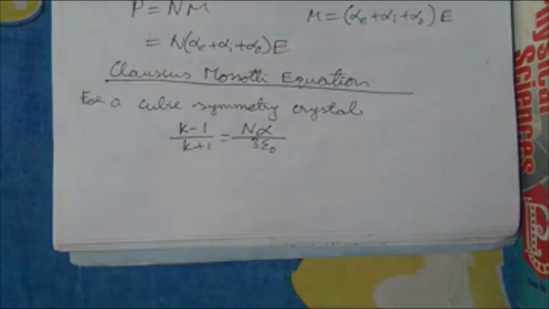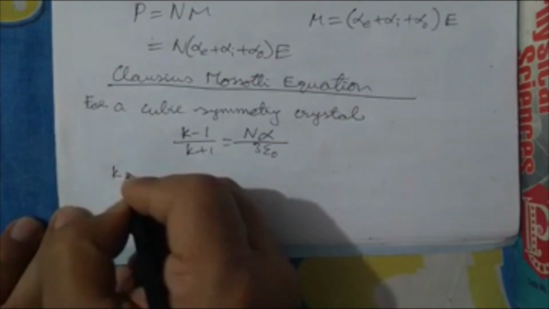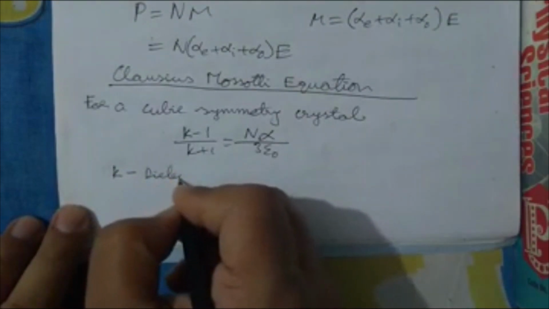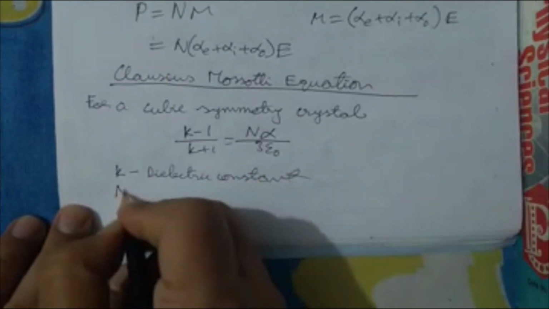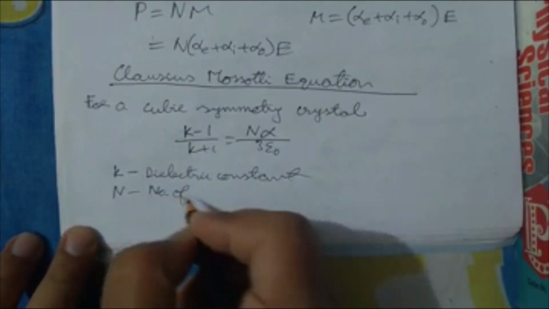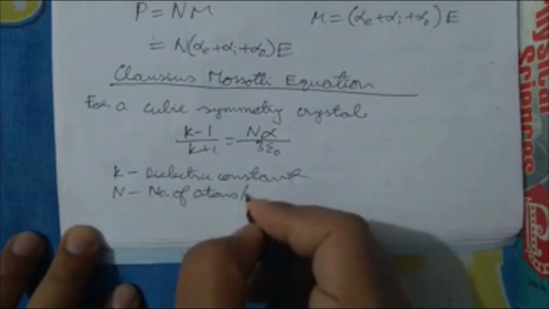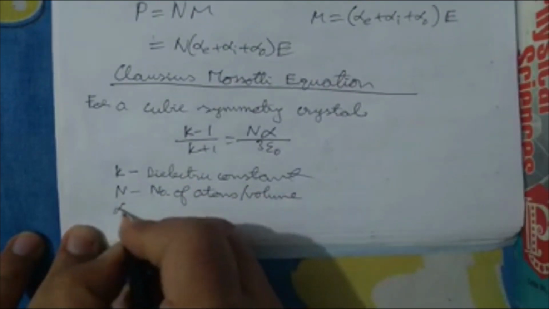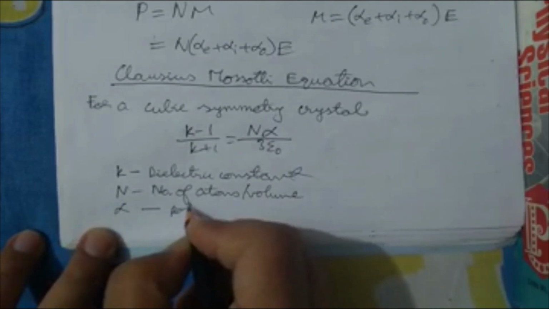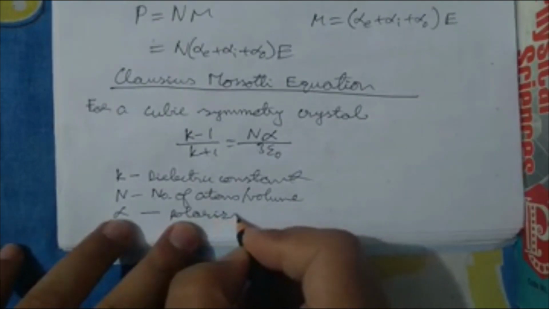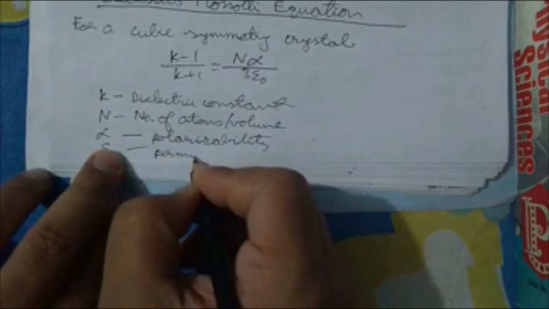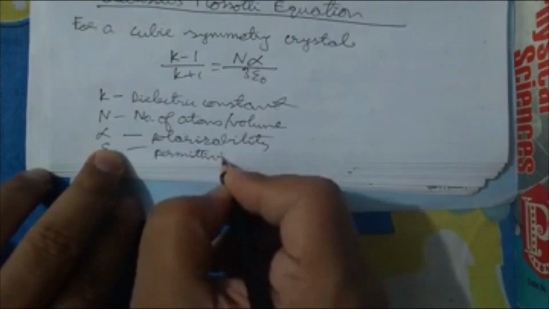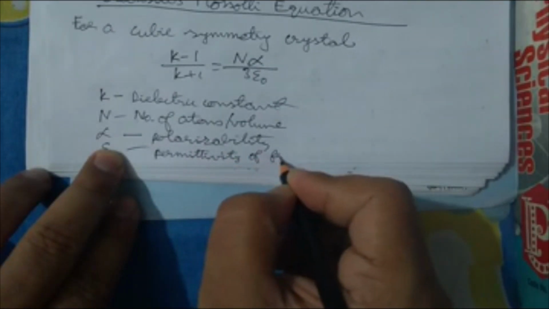You can have certain problems from this, where, as everybody knows, k is the dielectric constant, n is the number of atoms per unit volume, alpha is the polarizability, and epsilon naught definitely is the permittivity of free space.